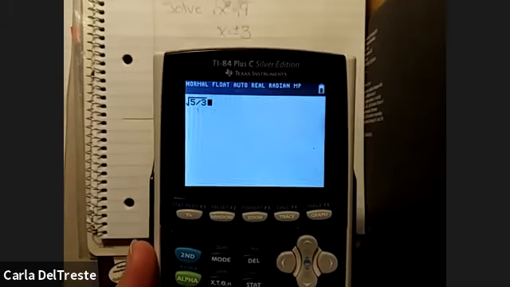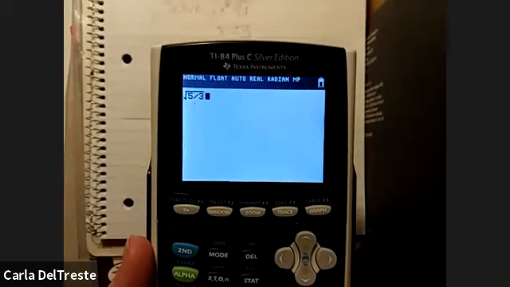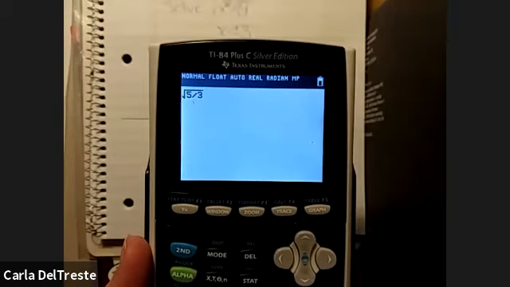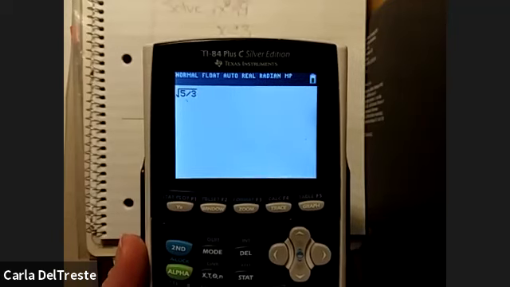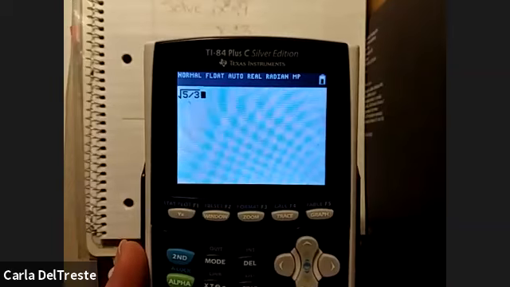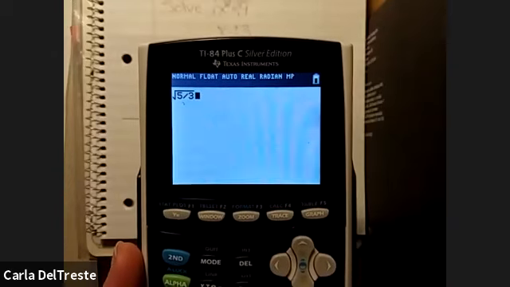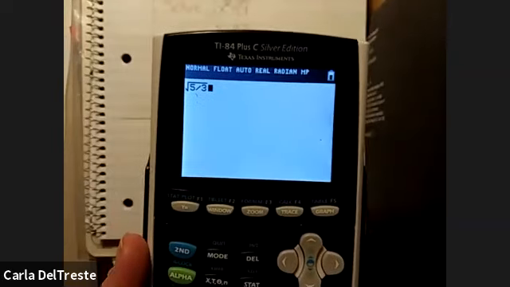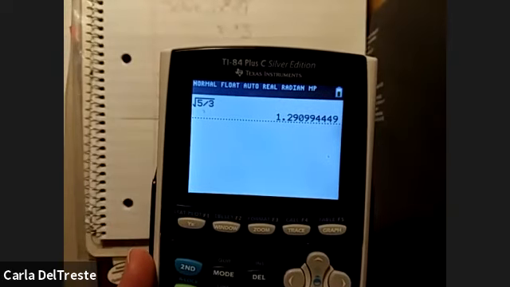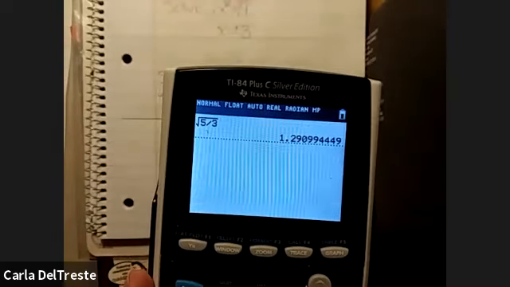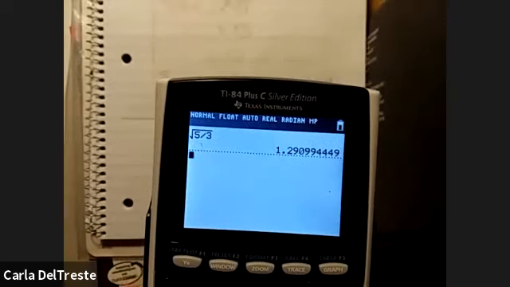Your calculator might open up a parentheses, and anything that you want underneath the square root, you would have to include in those parentheses. So you have to be mindful here of what your calculator is expecting you to type in. I do want the entire fraction underneath the square root, so I would hit enter. And I get an approximate answer, if I round to 3 decimal places, of 1.291.